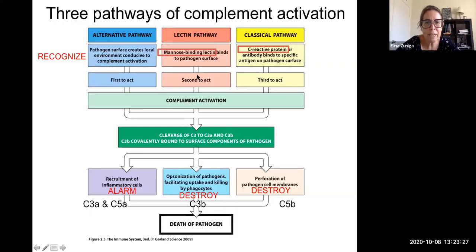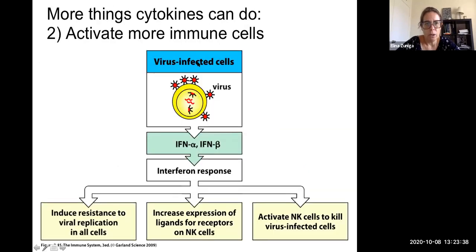That's why the lectin pathway is second to act, because it requires the mannose binding lectin to be produced. So that's one of the mechanisms by which cytokines can alarm: by inducing the production of mannose binding lectin and C-reactive protein.